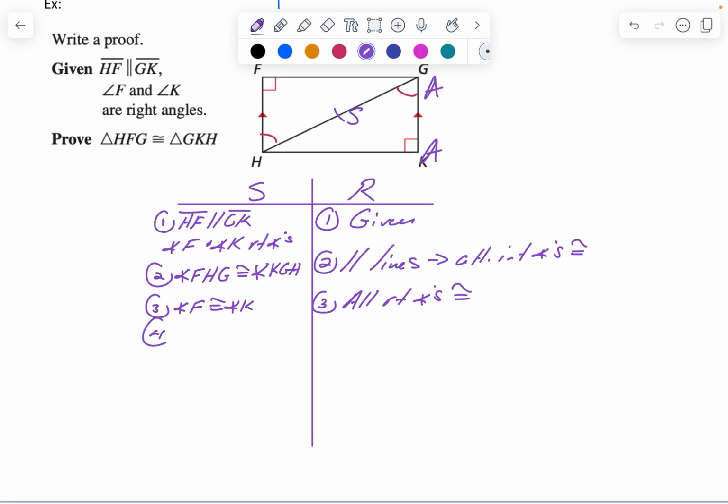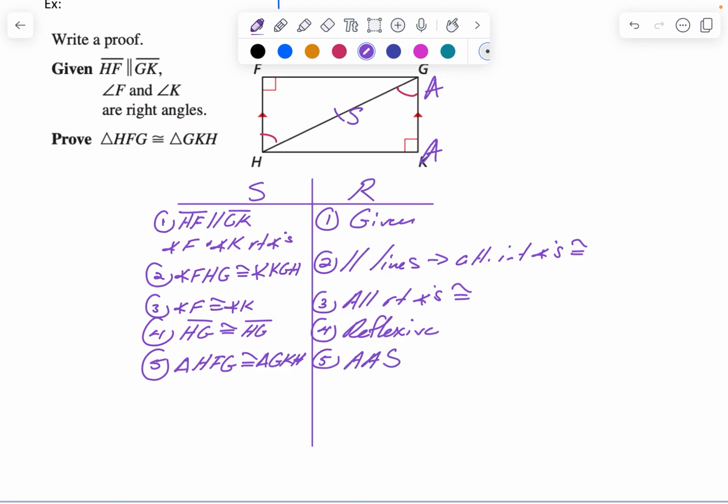So now that's what we're going to say next. We're going to say HG congruent to HG, reflexive. And now we can say triangle HFG congruent to triangle GKH, and it's by angle, angle, side.